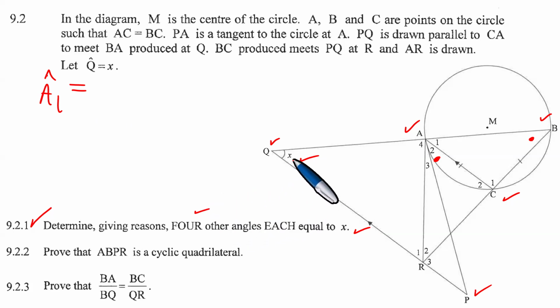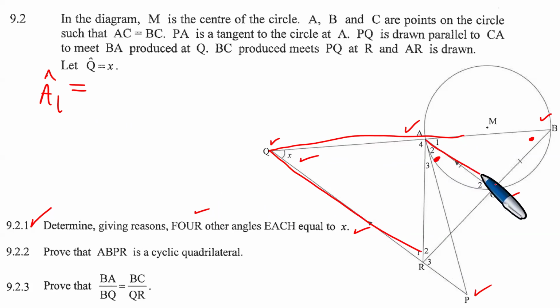Right. So we're able to see that this angle is X, but there's this thing here. This one is parallel to this one.